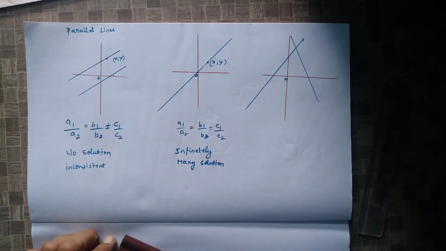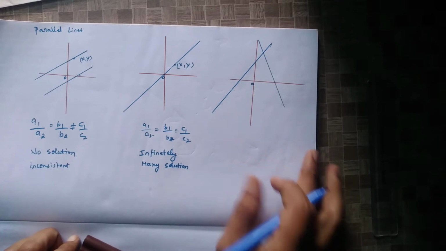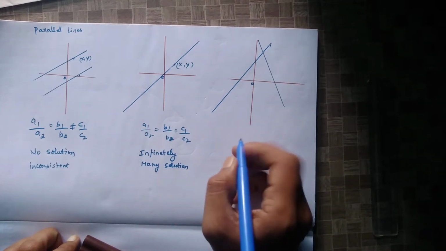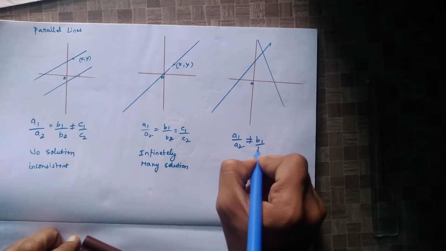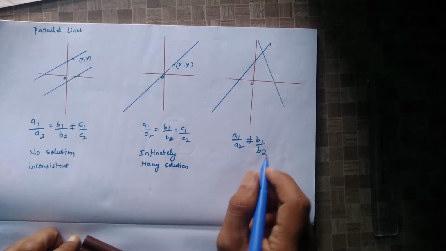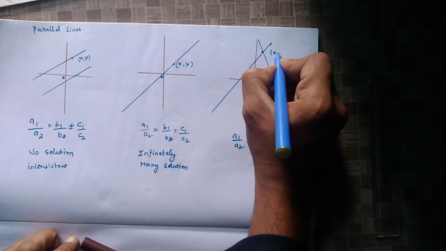Next, these are the intersecting lines. Here a1 by a2 does not equal b1 by b2. Here the equations meet at exactly one point, x comma y.